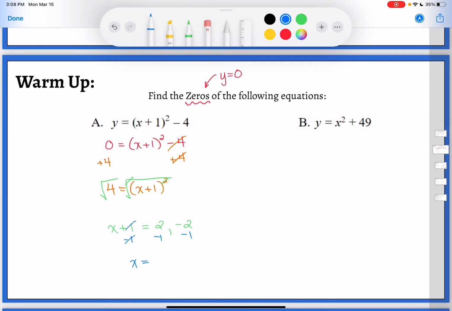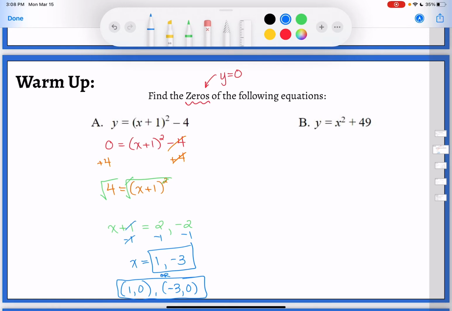So 2 minus 1 is 1. Negative 2 minus 1 is negative 3. So my two zeros here would be the points at 1 and negative 3, or in other words, the points (1, 0) and (-3, 0). However you want to write it, both ways are correct.